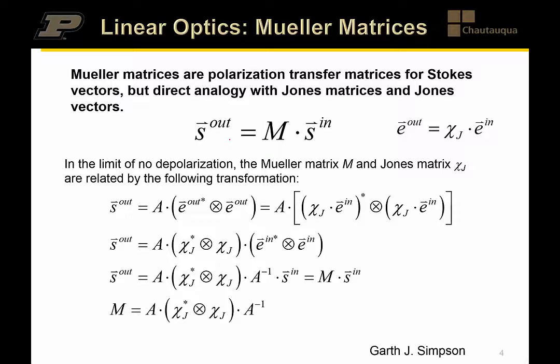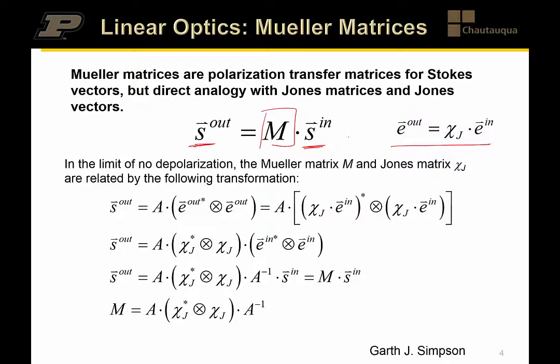So in linear optics, if we want to build the Mueller matrix in the most general sense, in the presence of partial depolarization or complete depolarization, then this is now a 4 by 4 matrix connecting the 4 elements for the input to the 4 elements of the output. Again, it's very useful to connect this back to the purely polarized component in terms of the Jones matrix.